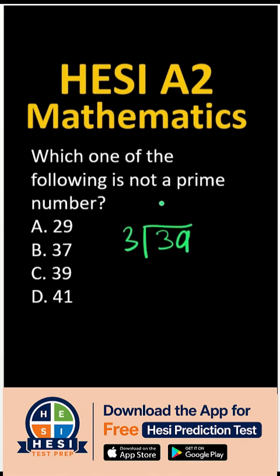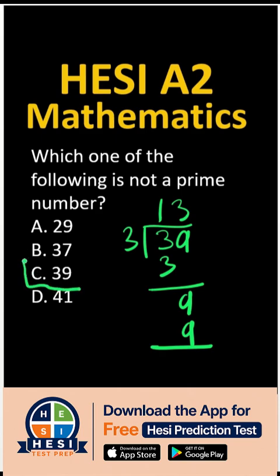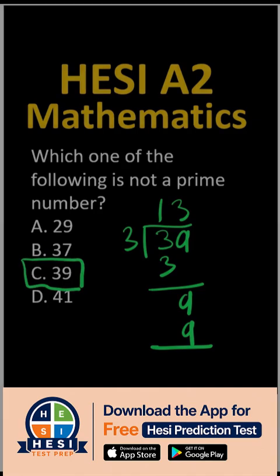So 3 times 1 is 3 and 3 times 3 is 9. So as it can be divided by 3, it is not a prime number. And with that, the correct answer is option C.